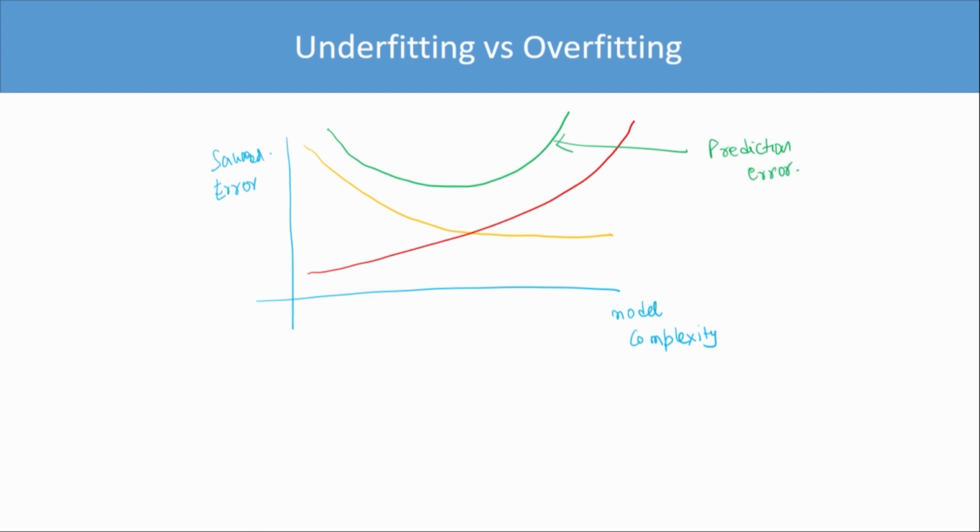So if you want to do model selection, you want to pick a model that balances these two terms, because these two terms are unavoidable. That's what our theorem shows. You want to pick a model somewhere here, which has the least prediction error. That's what we want to do, and we'll see one way to do that.